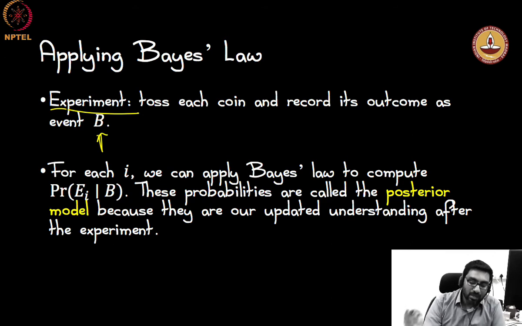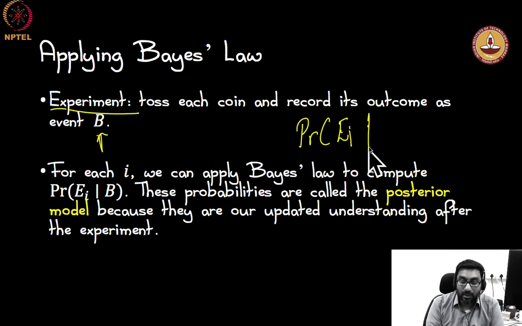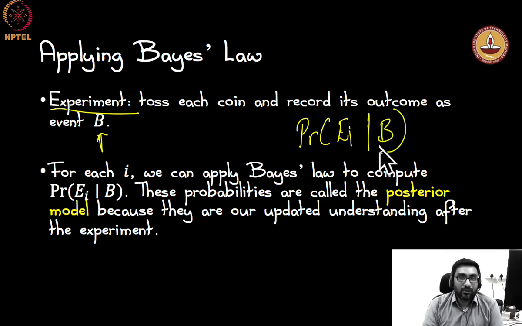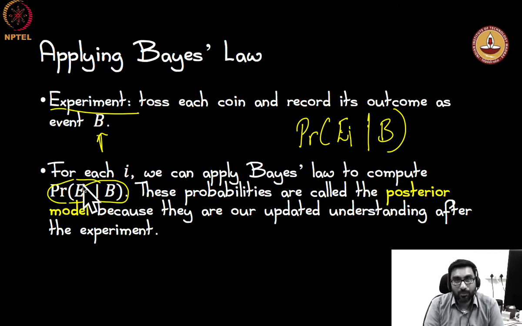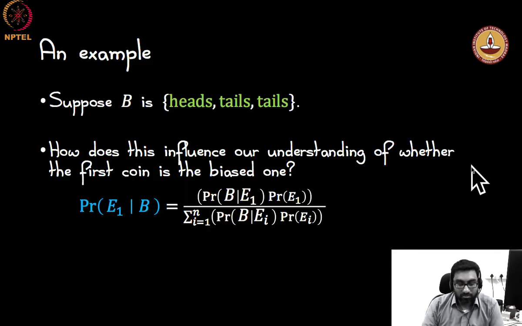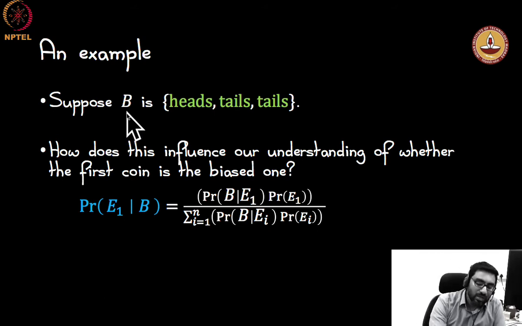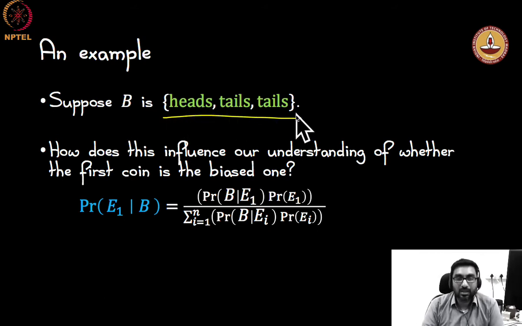Now based on B, we would like to understand what is the probability of EI given that B came out as the outcome. Okay, these are the posterior probabilities, and let's look at an example to see how this can be worked out. So let us assume that this is our outcome B. The first coin came out heads, the second and the third coins both came out tails.